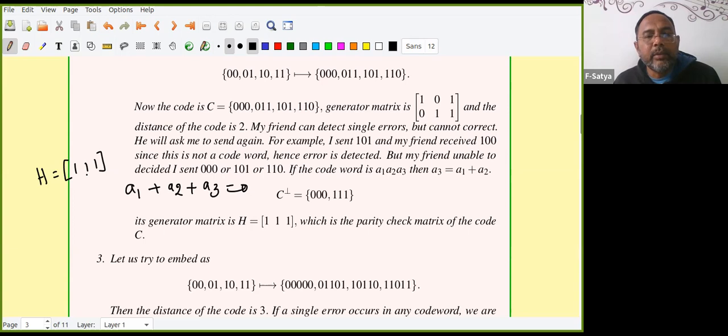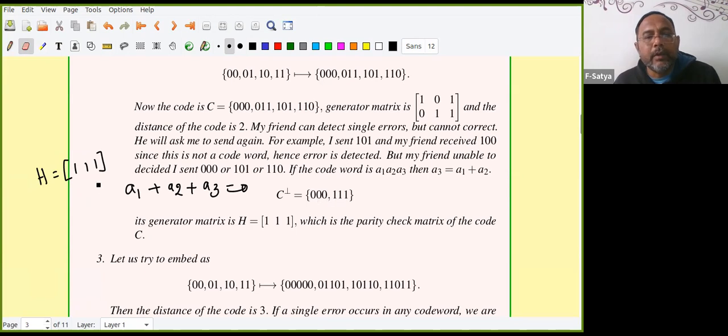Now if I take this as my generating matrix, what is the code I will get? I'm sending 0, 0, where does it go, and so on for 0, 1, everything. If this is my generator matrix, then these are the codes I'll get.